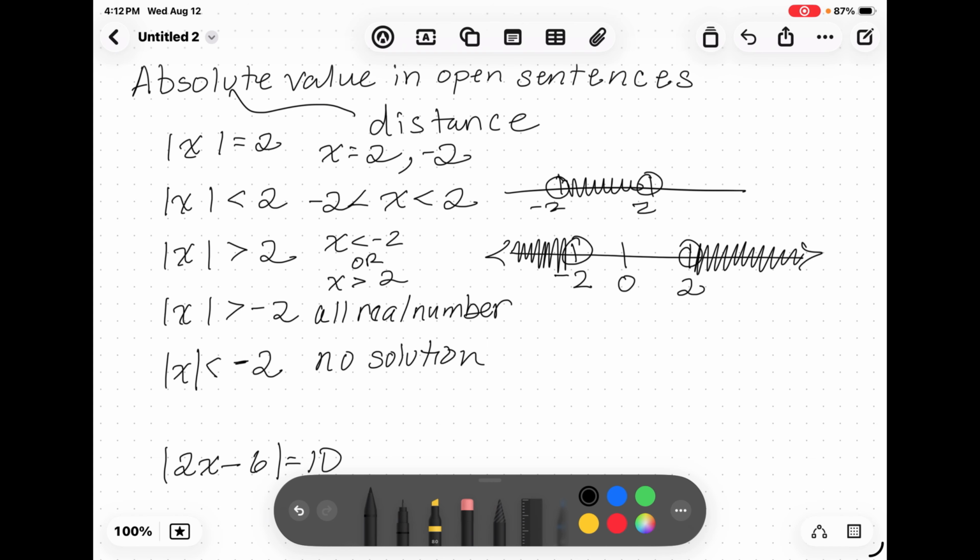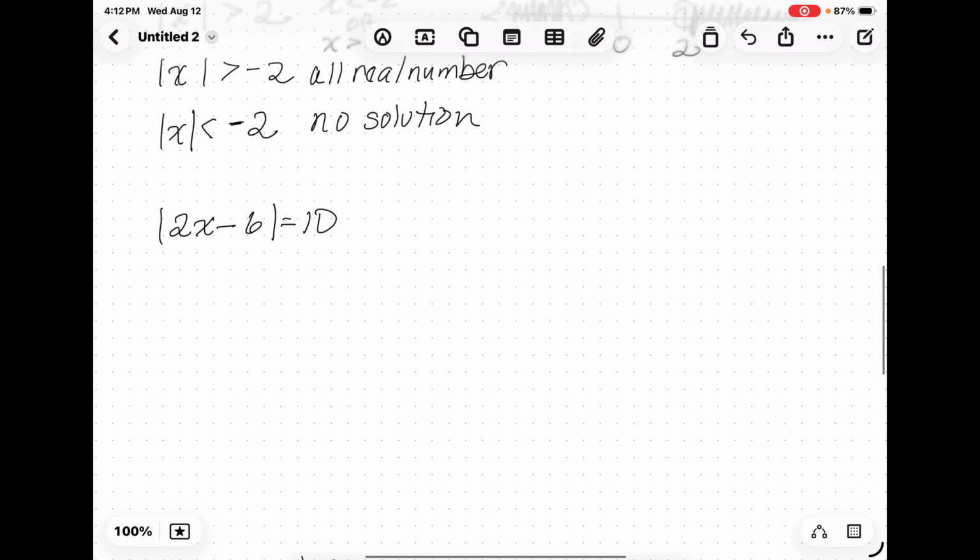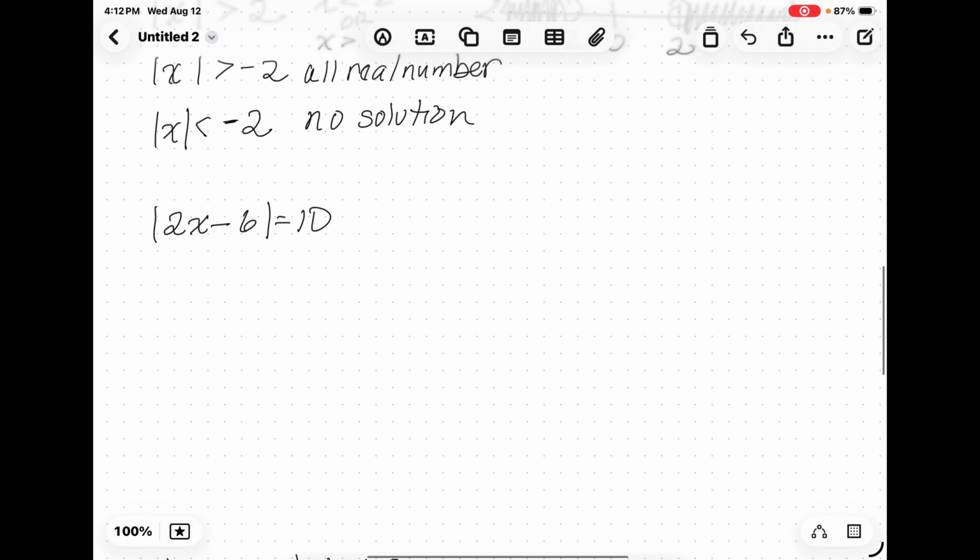All right, so that's all giving us an underlying understanding of just playing around with absolute value. Let's go ahead and take a look at this other equation here. So look down here. All right, here we're going to shift gears, okay?